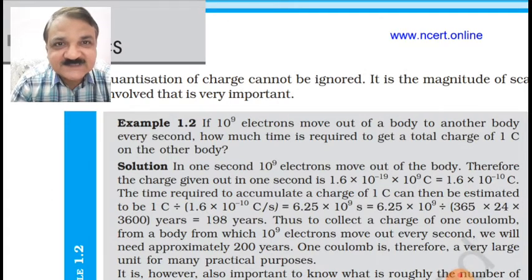The smallest possible charge, as you know, is 1.6 into 10 raised to power minus 19 coulomb. And here it has been explained how much time is required to get a total charge of 1 coulomb on the other body when 10 to the power 9 electrons move from one body to another every second.